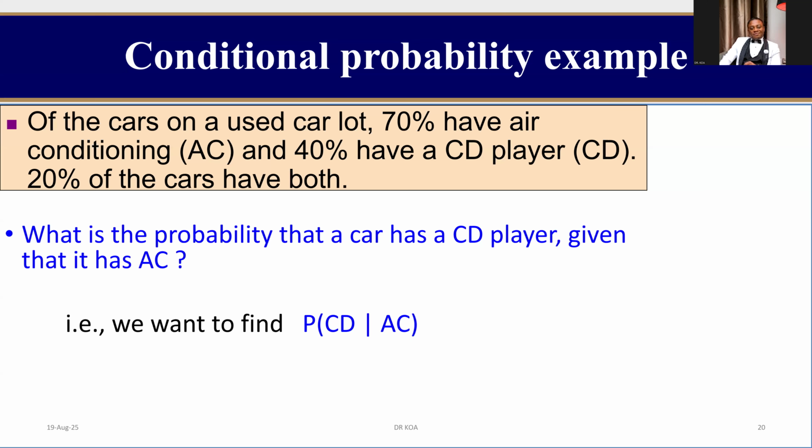If I close my eyes and pick a car at random, what is the probability that the car I select has a CD player, given that it already has an AC?